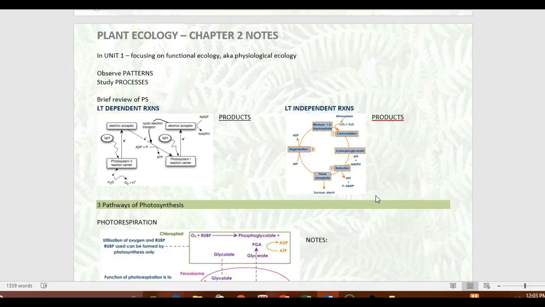Yes, and this is a cycle, right? Step 1, 2, 3, and we regenerate the initial molecule. We always come back to the dog chasing its tail, where the teeth meet the tail. And step 3 in a cycle is always about regeneration of the initial molecule.